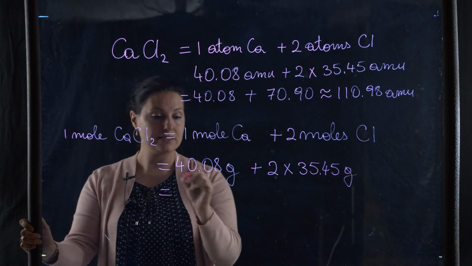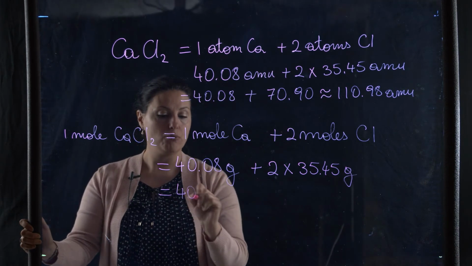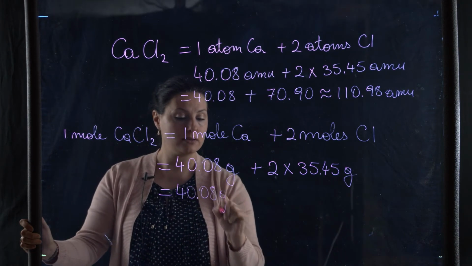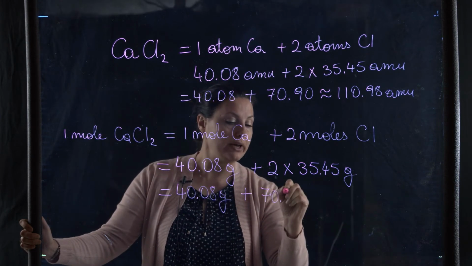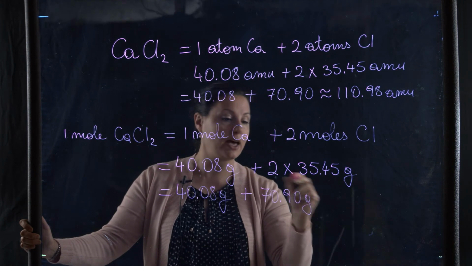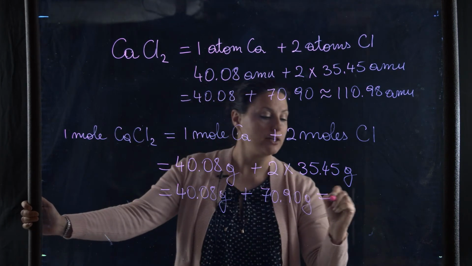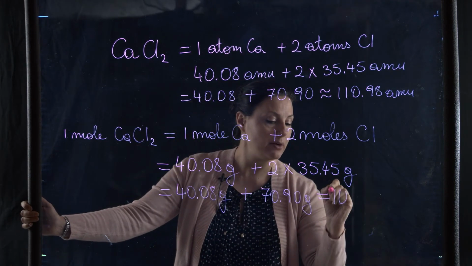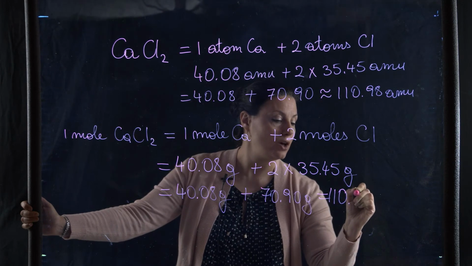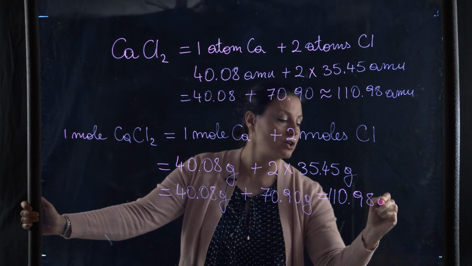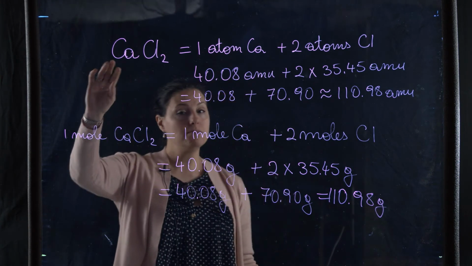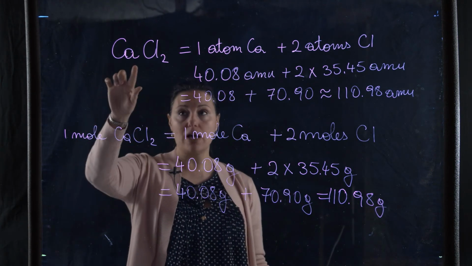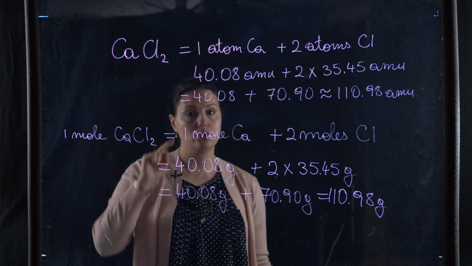Therefore, if I did this math, I would have 40.08 grams from the calcium plus the 70.90 grams that comes from the chlorine, and altogether they would give me 110.98 grams.